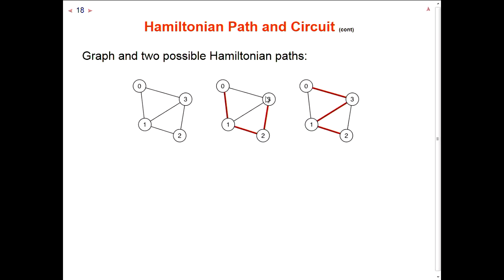Oh, actually, this is the only way to get to 3. But to get from 0 to 2, it's very easy. We can either go from 0 to 3 to 2 or from 0 to 1 to 2. And this is also a possible path that we have here. We have enough edges so that this is really very simple to find a Hamiltonian path in this graph.